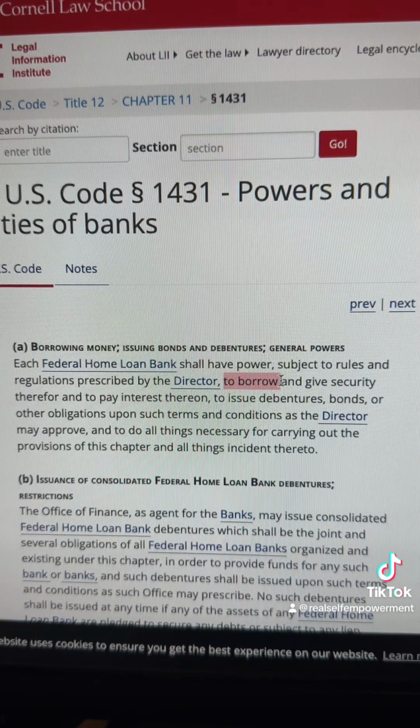So if they're borrowing and paying interest, you're giving them something of value, something they should be considering. But do we get consideration?